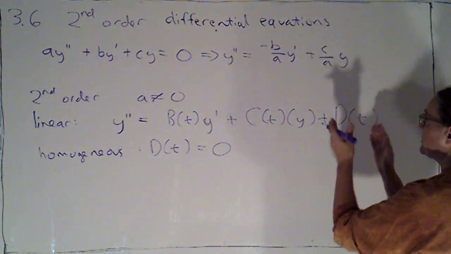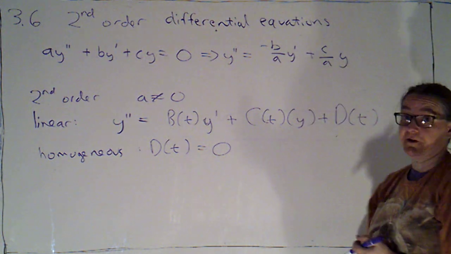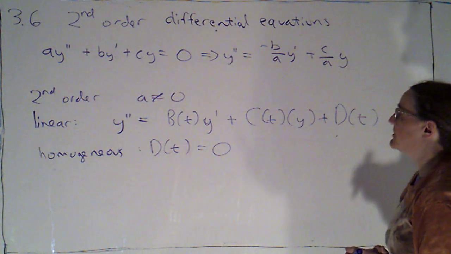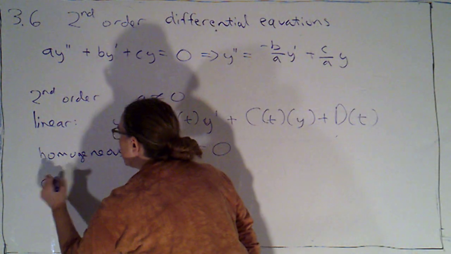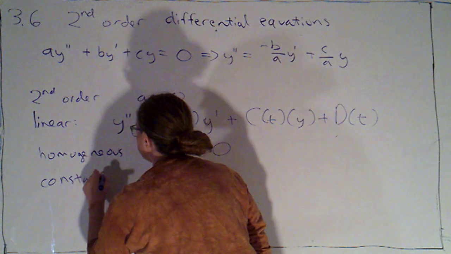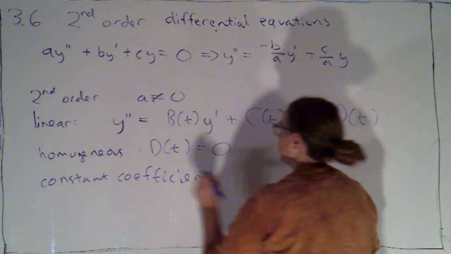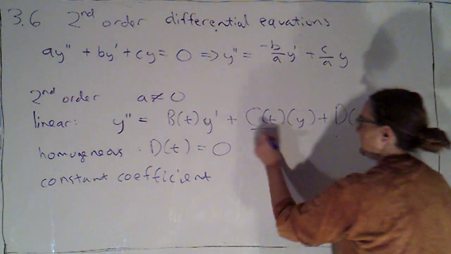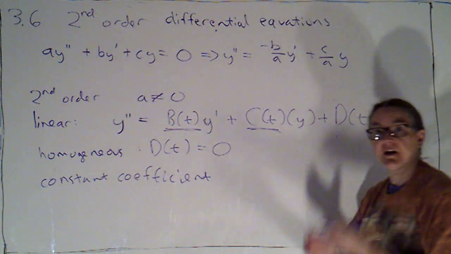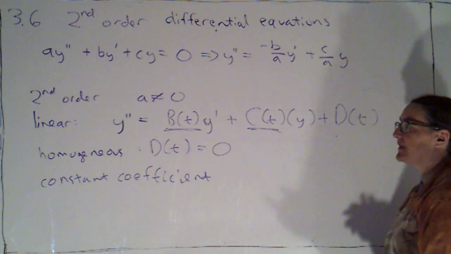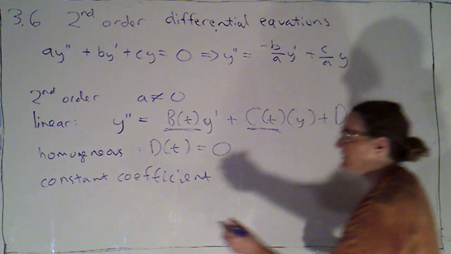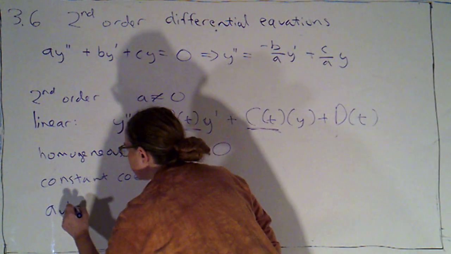Okay. This one, we happen to have constant functions of t as our coefficient functions. So this is also constant coefficient. So that just says these guys are going to be constant functions of t. There are no t's. And if I put all of this together, of course, that makes it autonomous.